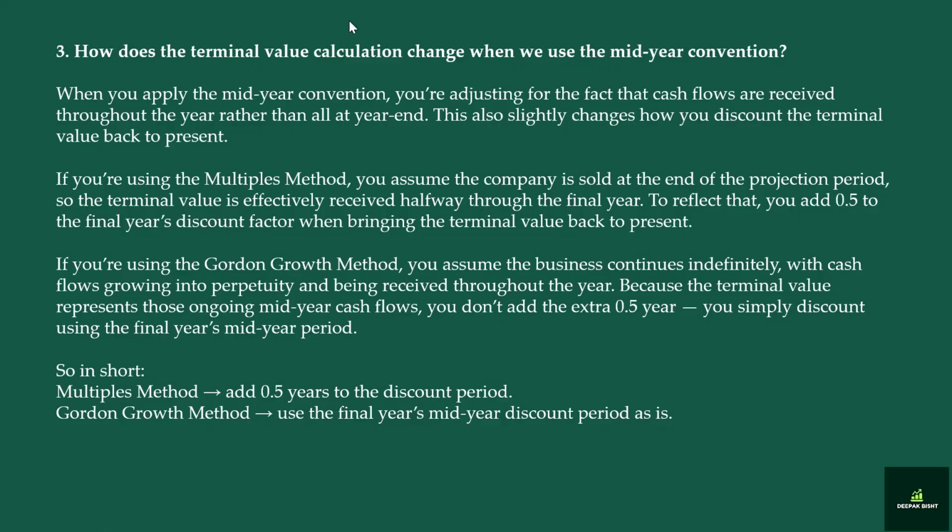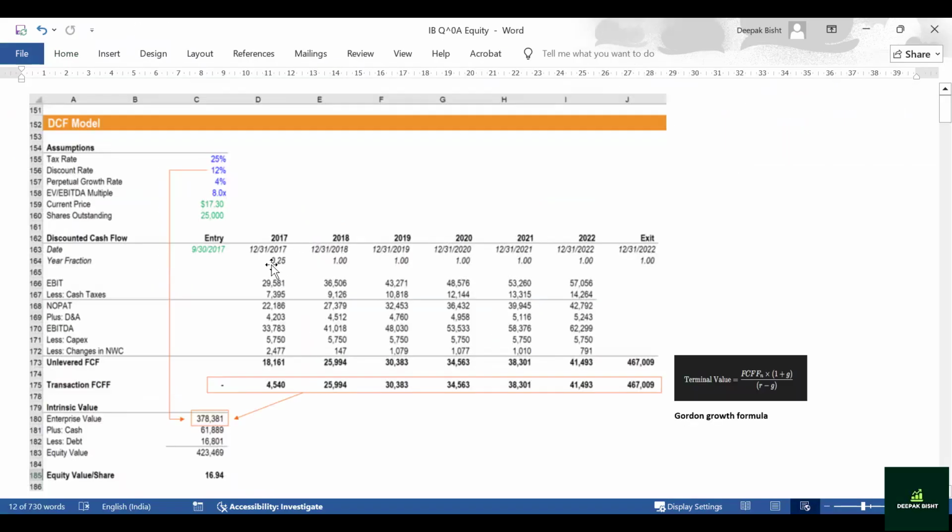Let me just show you my Excel. Okay, so this Excel I have created using these numbers. In year 2017, it's 0.25 only, then 2018, 19, 20, 21, 22, and there is the exit multiple. Okay, these are the numbers.